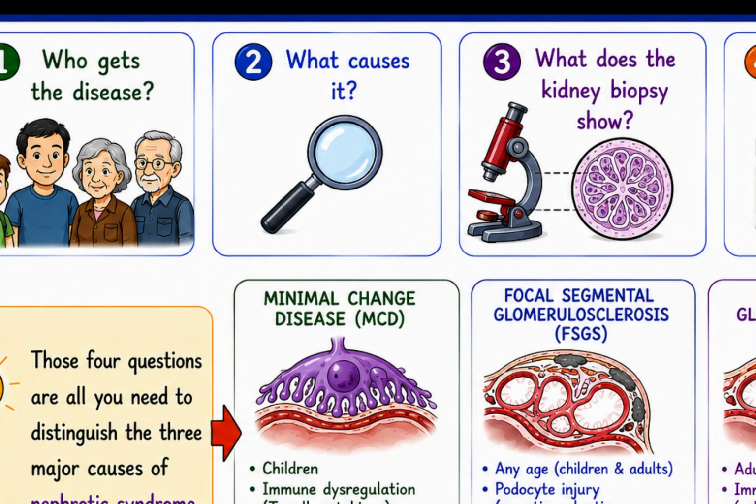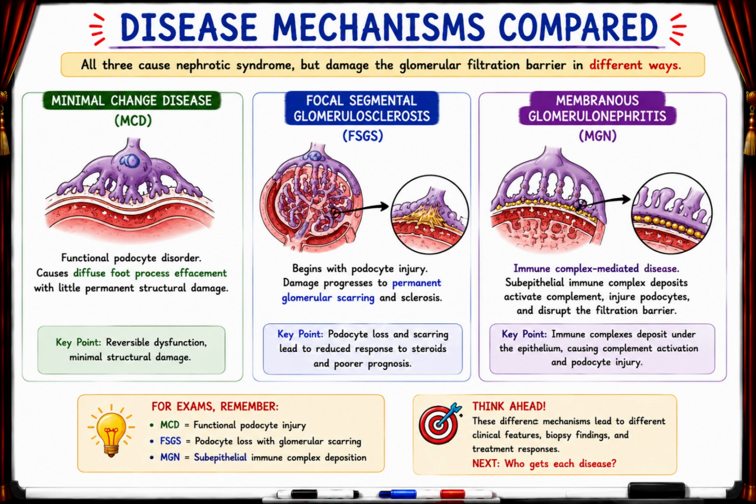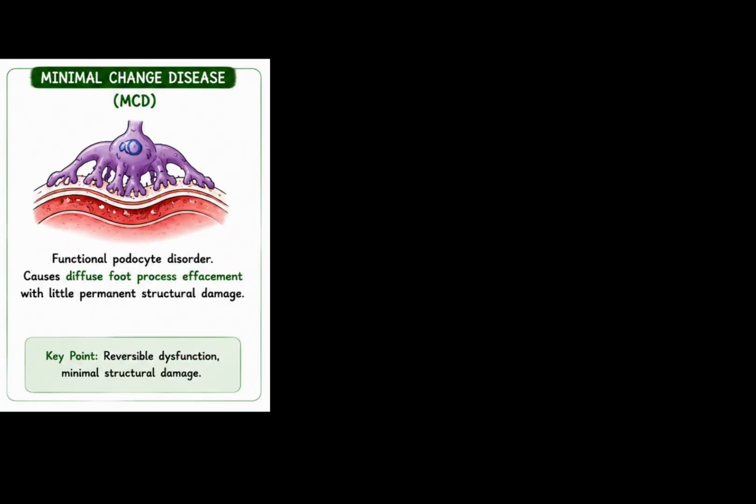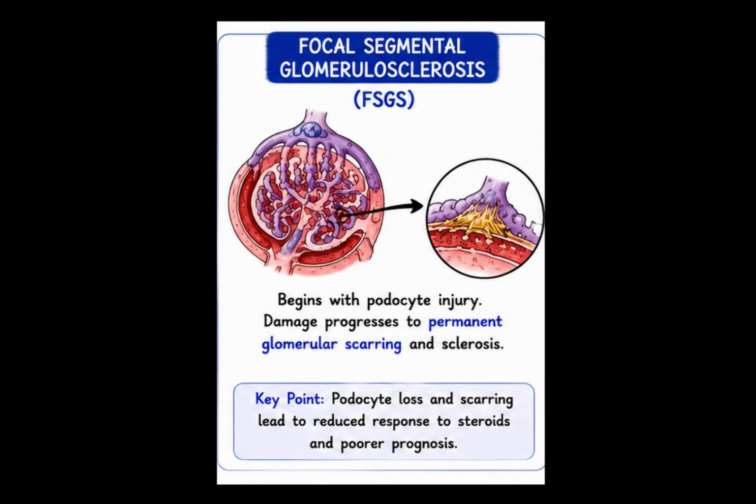Next, we will look at what causes each disease. Although all three diseases cause nephrotic syndrome, they damage the glomerular filtration barrier in different ways. MCD is a functional podocyte disorder, causing diffuse foot process effacement with little permanent structural damage. FSGS also begins with podocyte injury, but the damage progresses to permanent glomerular scarring with a poorer prognosis and variable steroid response.